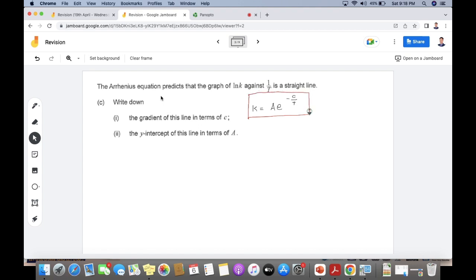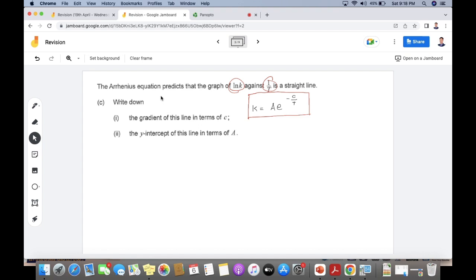Now, according to this Arrhenius equation, it predicts the graph of ln of k and 1 over T. However, the equation we have is k, not ln of k. So we still have to modify this in order to get an ln of k. How to modify this?